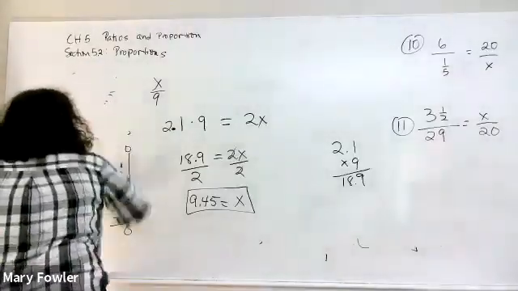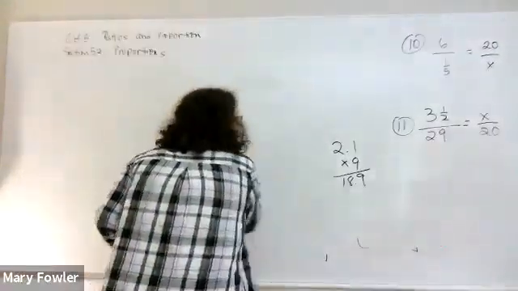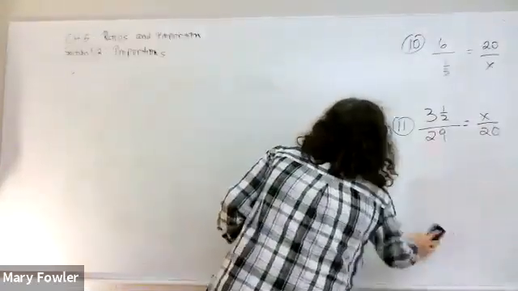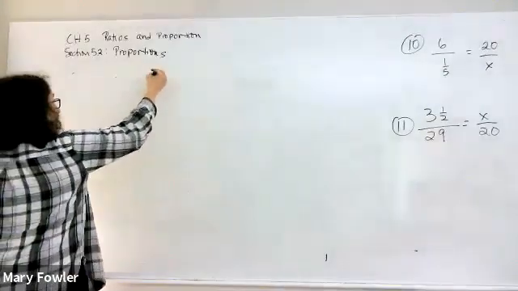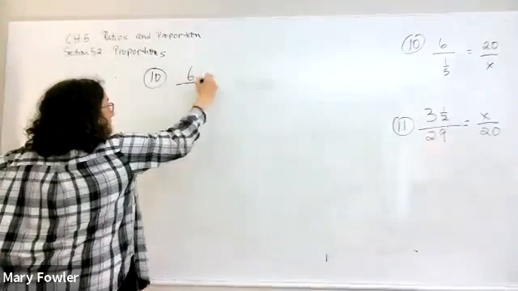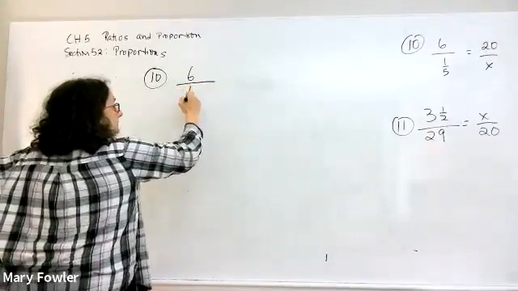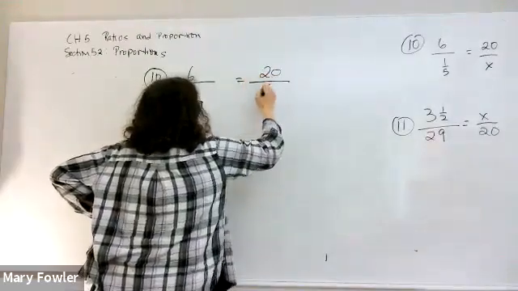Number 10. You can set that one up while I set it up. 6 over 1/5 equals 20 over x. And that's problem number 10. Okay.